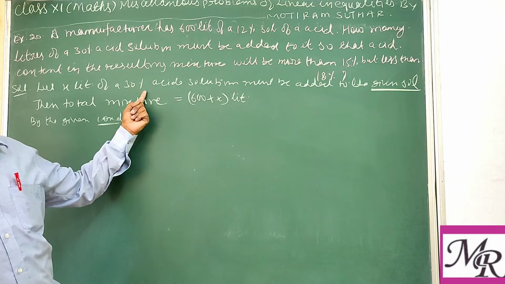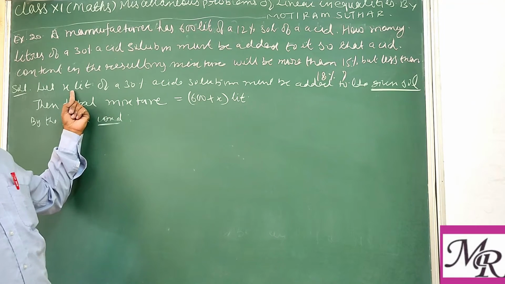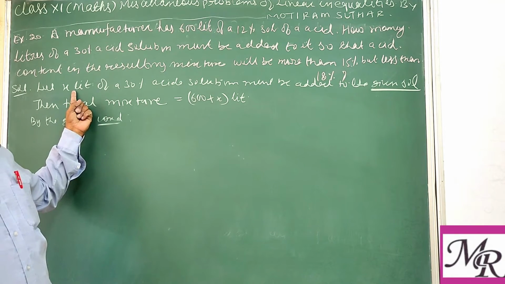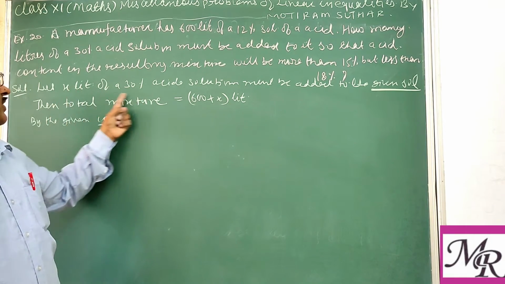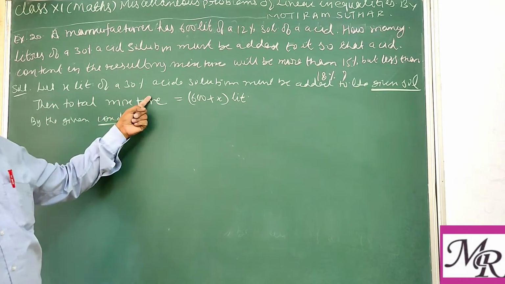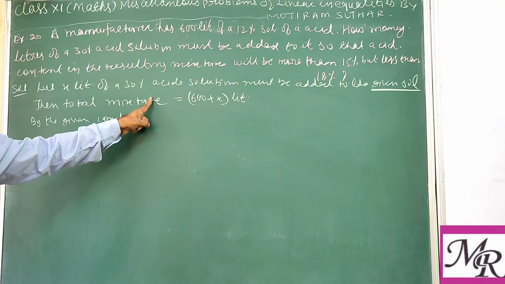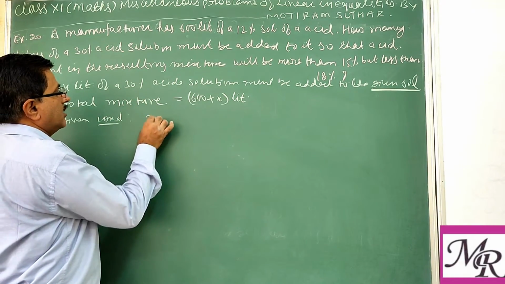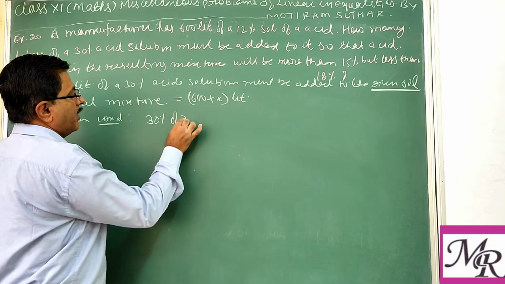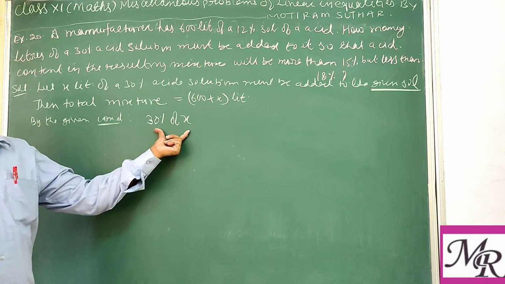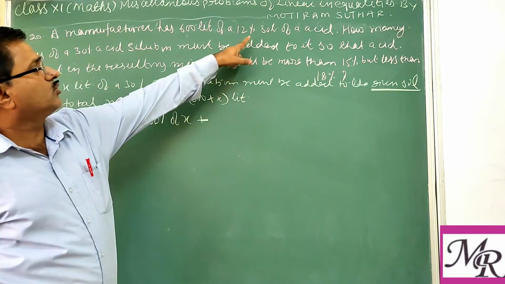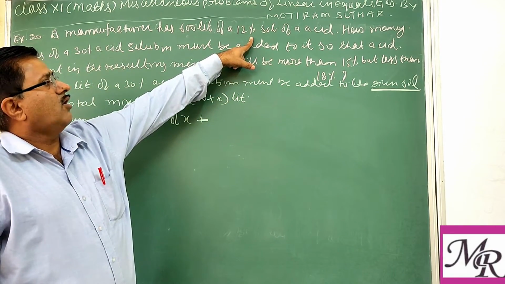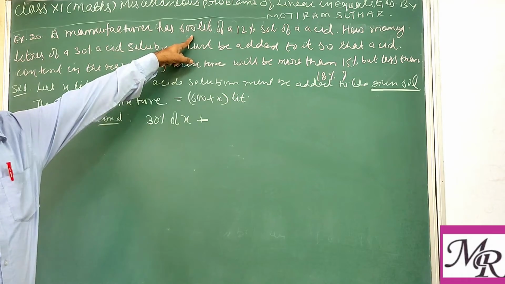So acid content will be 30% of x. When we are adding the solution of 30% acid, then the content of the acid in this will be 30% of x. So we write 30% of x. Now this acid content we are adding to 12% of 600.